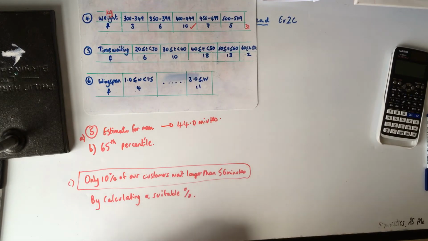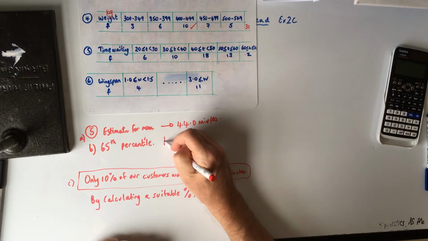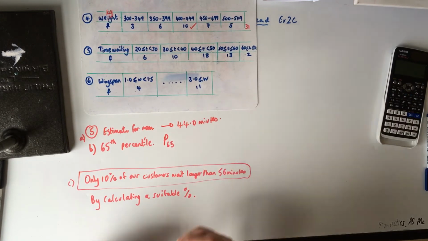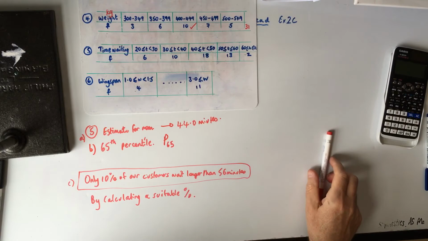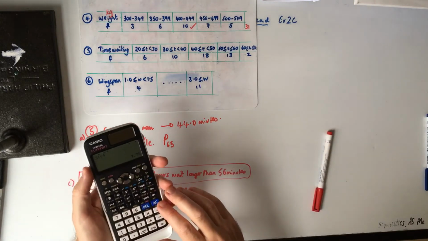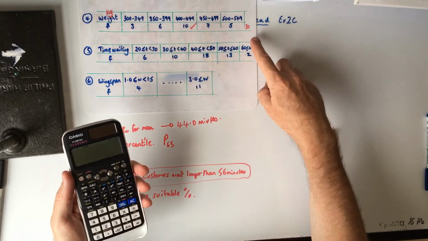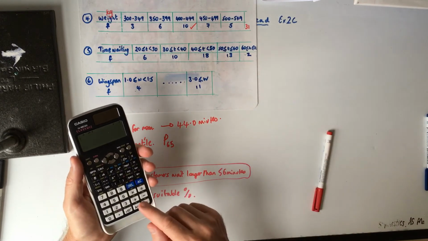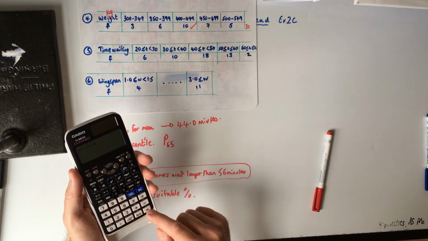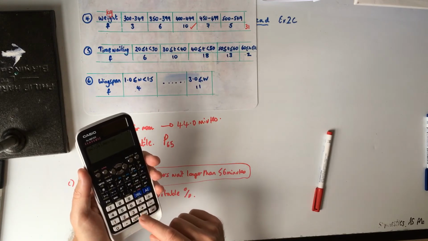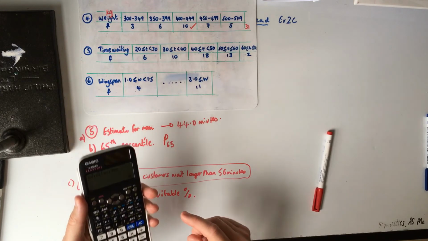Calculate the 65th percentile. So let's do that. This is P65, you might see it written like that, the 65th percentile. So 65%. I'm just going to check again that I've added that up and there are 49, because if I've got that wrong, then I'm in trouble. 10 plus, I don't trust myself, because I'm old, it is 49.